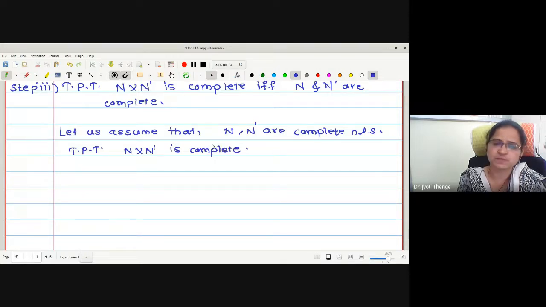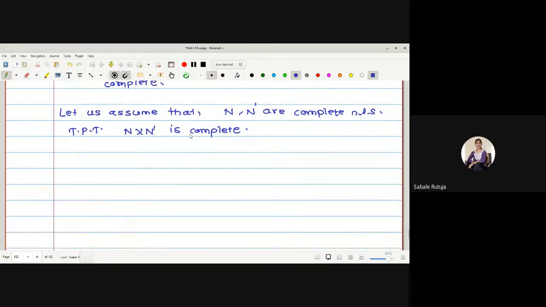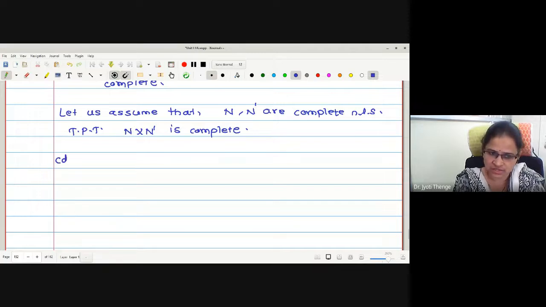How were we showing the space is complete? By taking a Cauchy sequence, which will converge to some point. Very good. Therefore, here shall I consider the Cauchy sequence? Say (xn, yn) be a Cauchy sequence in N cross N dash.